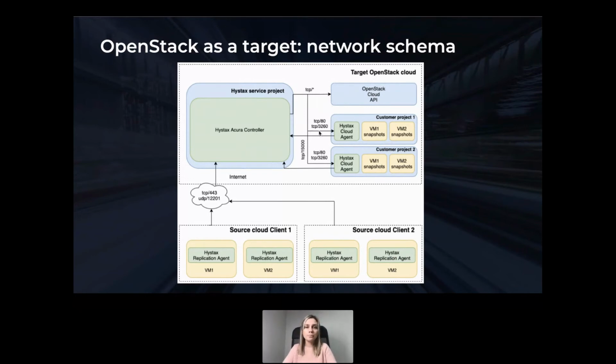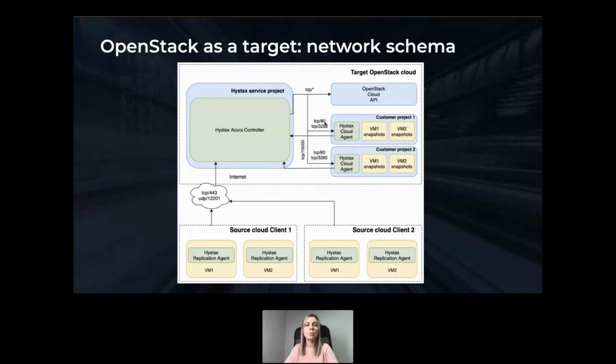There are also several ports that are used to work with Cloud Agent. Hystax Cloud Agent is a service VM that is run in the target project. Two ports, TCP 3260 and TCP 80, are used by Cloud Agent.